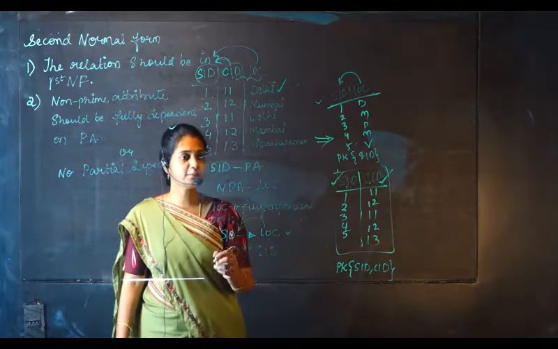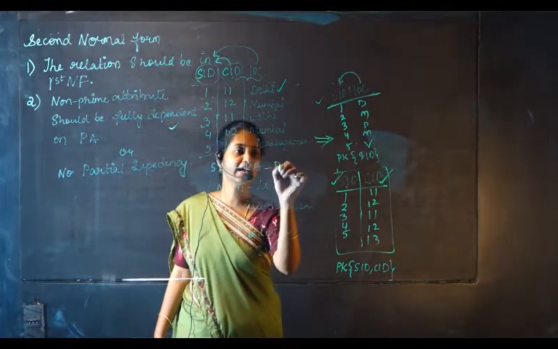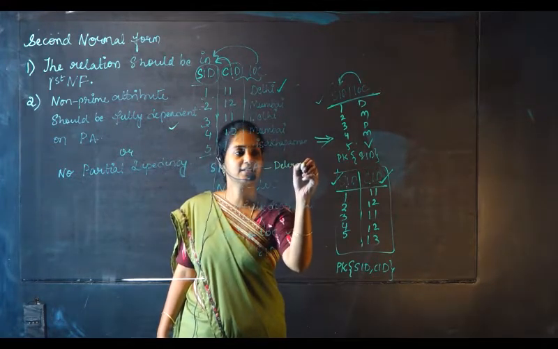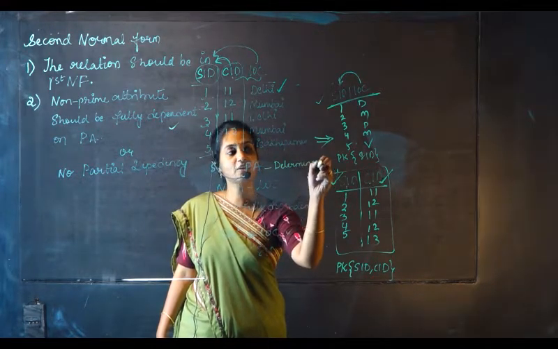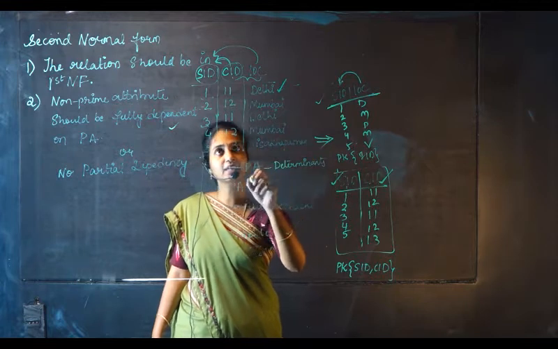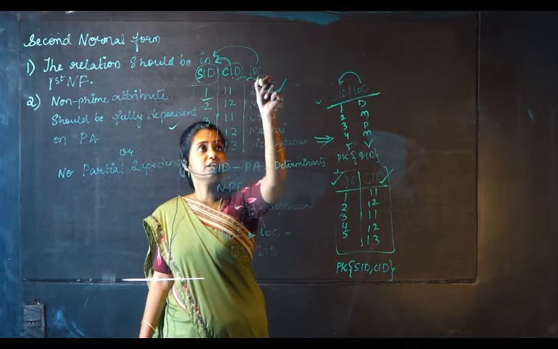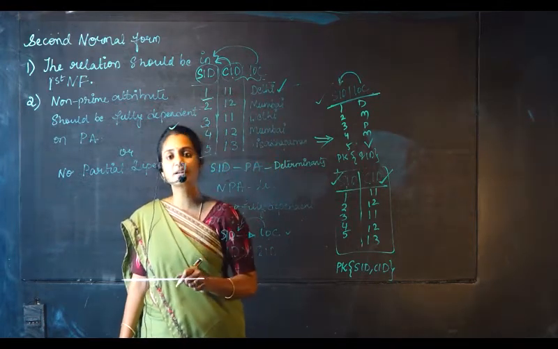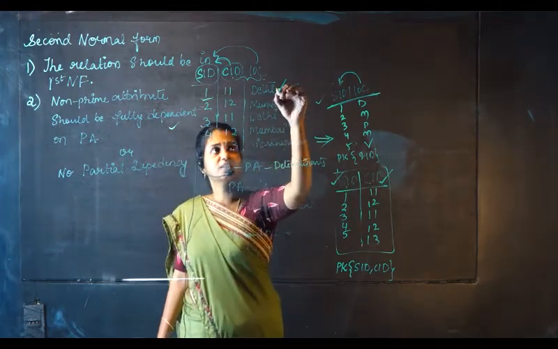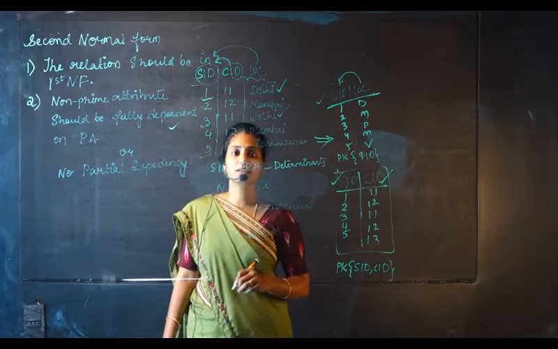Here the prime attributes are also called determinants. Why? Because it is determining. The student ID is determining the location, but the location is not determining the student ID.